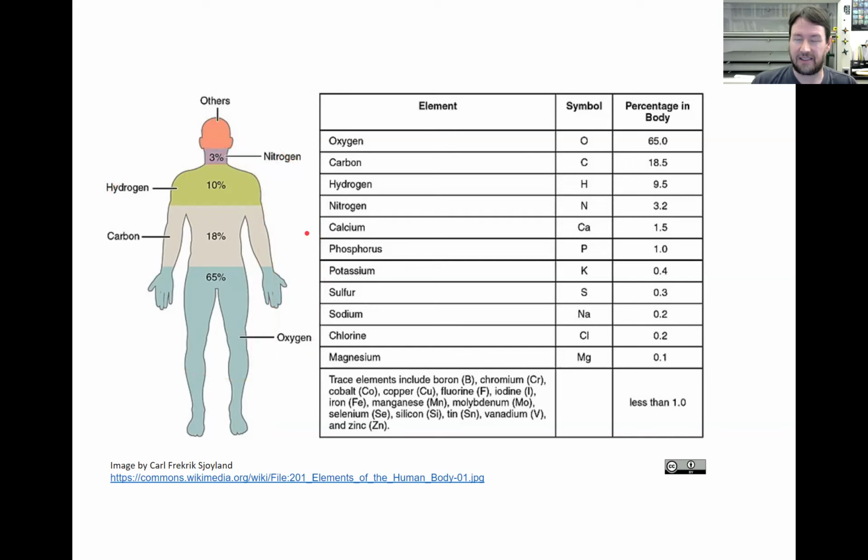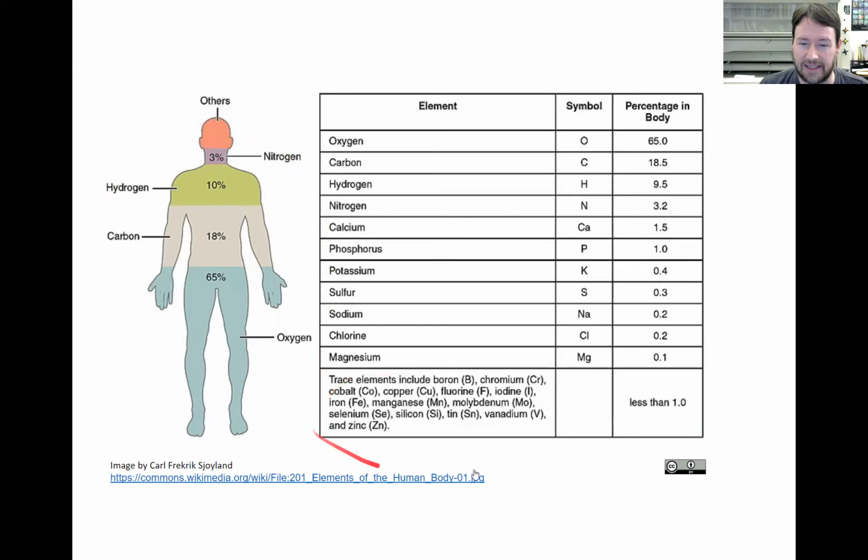And then after that, there's calcium, which is in our bones. There's phosphorus, which is in our DNA and also in our bones. Potassium, the salt in our blood, sulfur, which is in some proteins, sodium and chlorine, again, the salt in our blood, magnesium, same kind of idea.